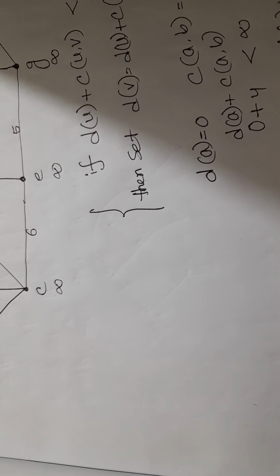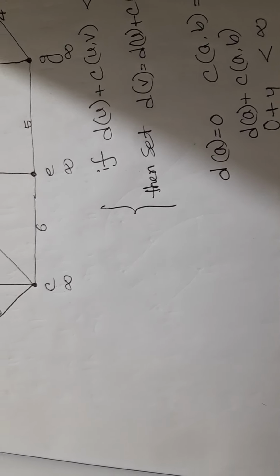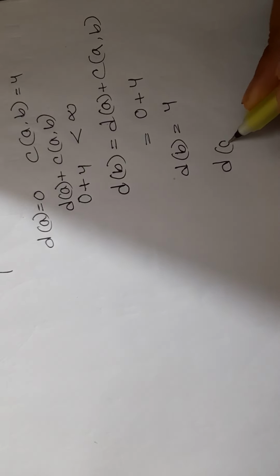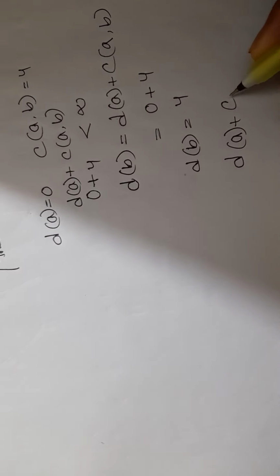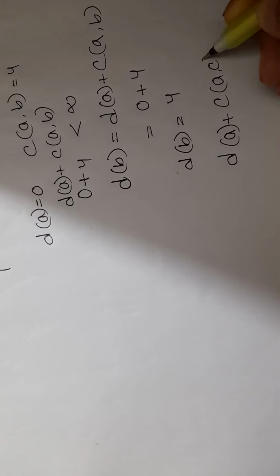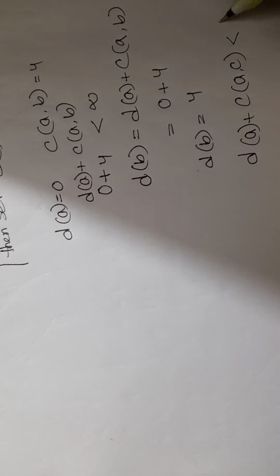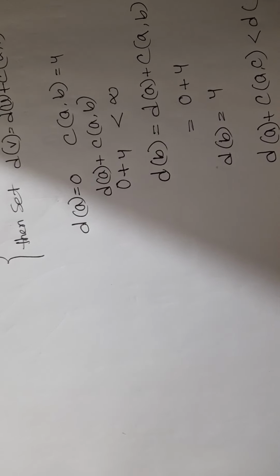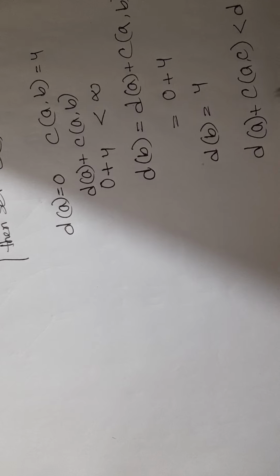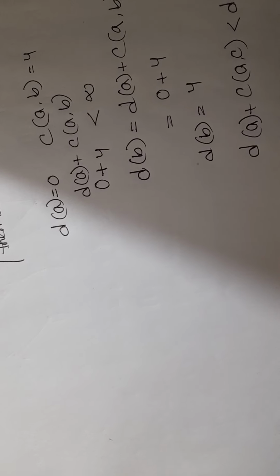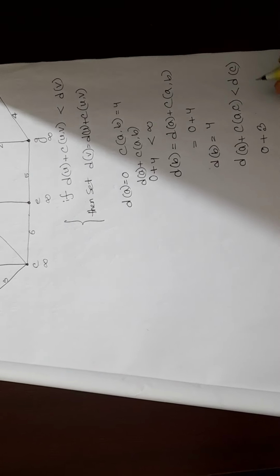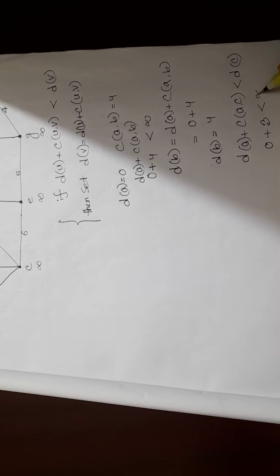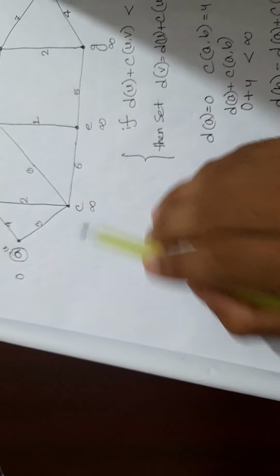So the distance of A plus the cost of A to C is less than the distance of C. The distance of A equals to 0, the cost of AC equals to 3, which is less than the distance of C equals to infinity.